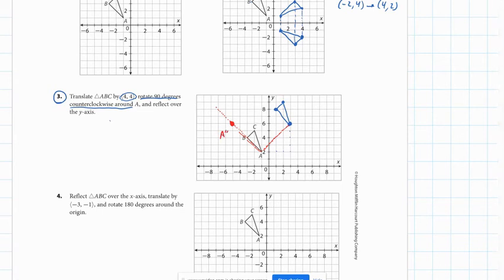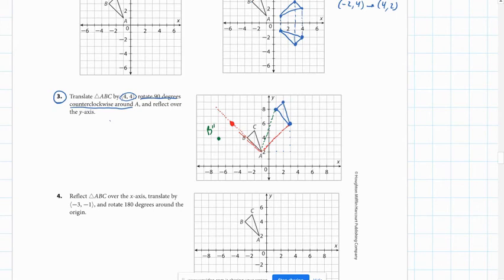And then we can do the same thing with point B. So if we go 90 degrees, that line has a slope of 1, 2, 3, 4, 5, 6, and over 2. So if I go this way, 1, 2, 3, 4, 5, 6, and up 2, it ends up here. B double prime.